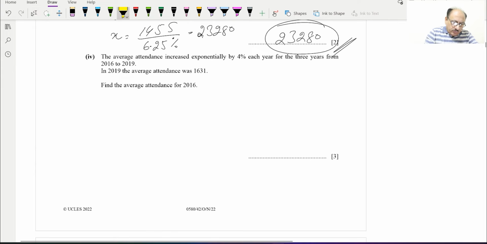Now part 4 says the average attendance increased exponentially by 4% each year for 3 years from 2016 to 19. In 2019 the average attendance was 1631. Find the average attendance for 2016. So basically the formula is what?